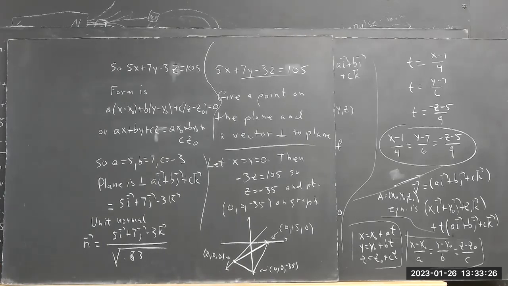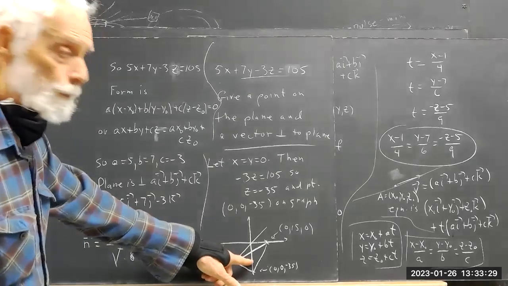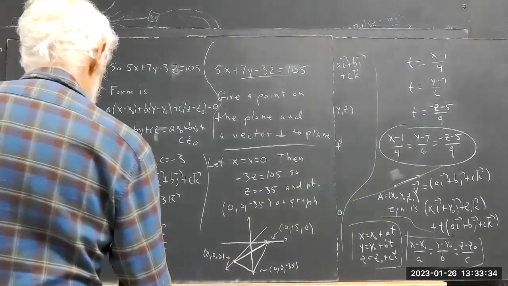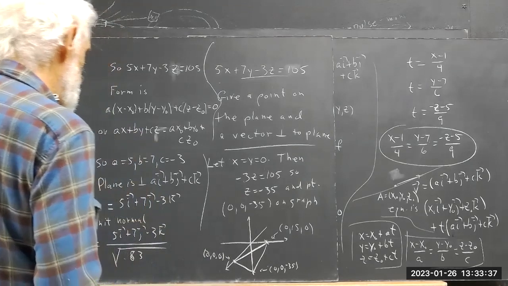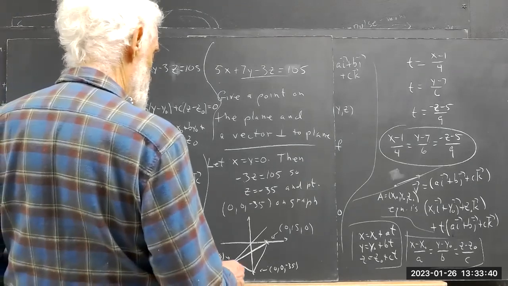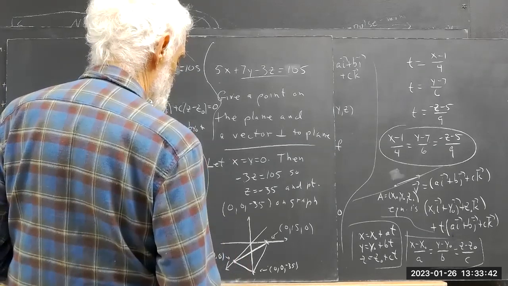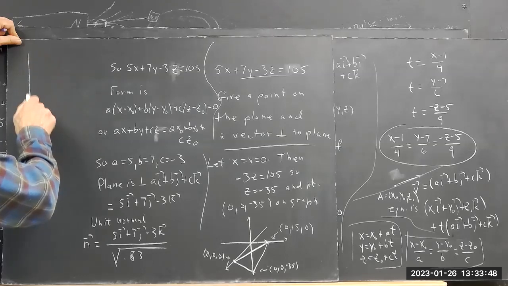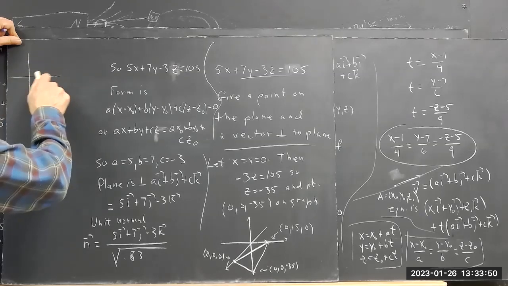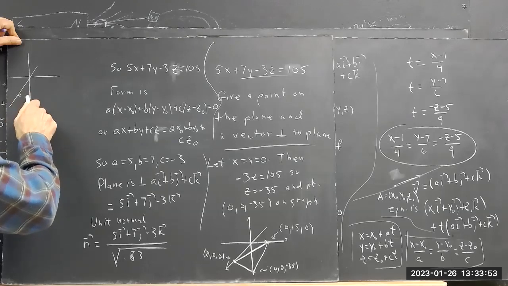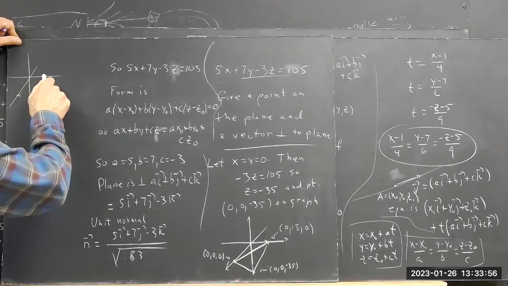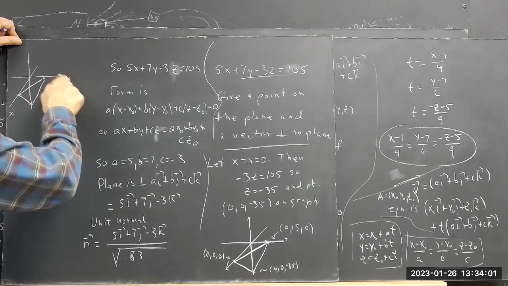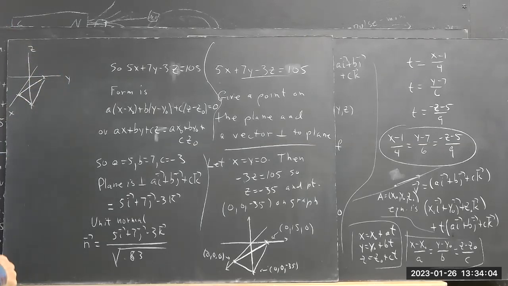Now let's find... Okay, well, here's the plane, right? We can now sketch a normal vector. Here we are.